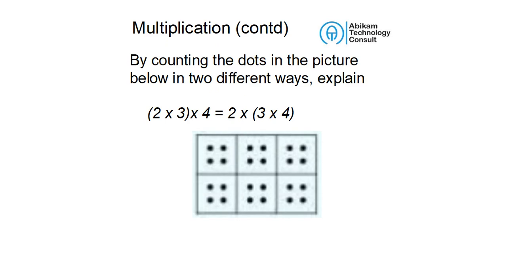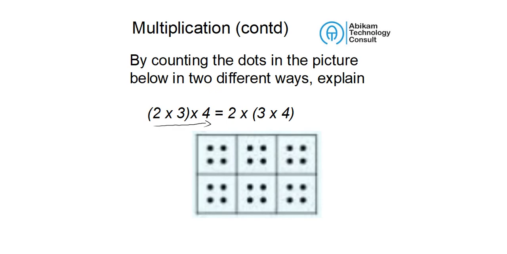The order in which we are multiplying is different. The first one, we are multiplying 2 and 3 first before we multiply the result by 4. The second one, we are multiplying 3 and 4 first before we multiply the result by 2.